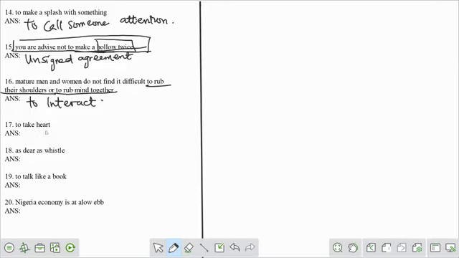To take heart. Maybe a person died, so they will say the person should take heart. Take heart means to be courageous. So to be what? Courageous. So please be writing. If you are not writing, you are wrong.